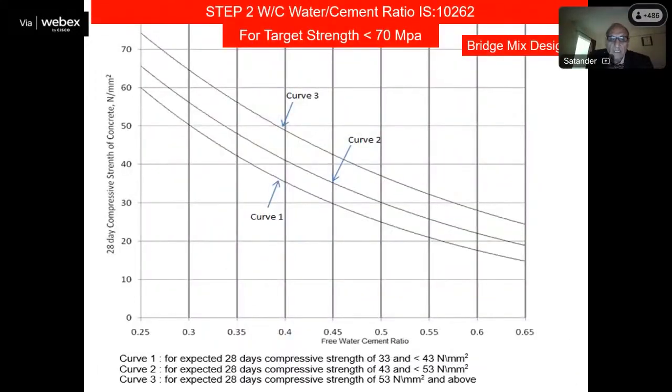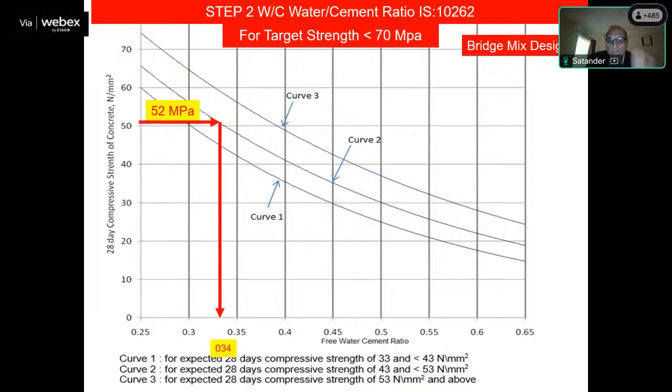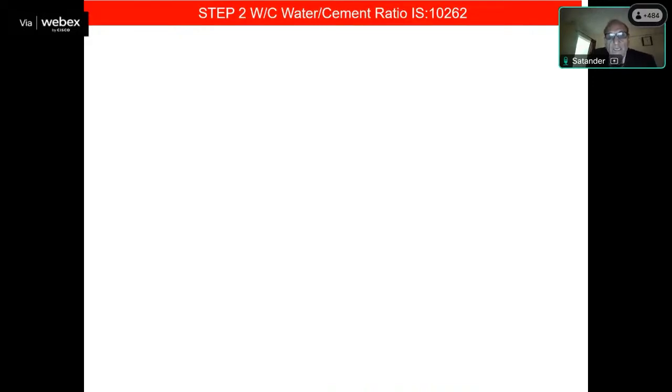Curve 1, 33 grade cement. Curve 3, 53 grade cement. Suppose my target is 52. If my target is 52, my water cement ratio is 0.34. For bridges, my water cement ratio is 0.34. If I am doing concrete road work, it will be 0.36.